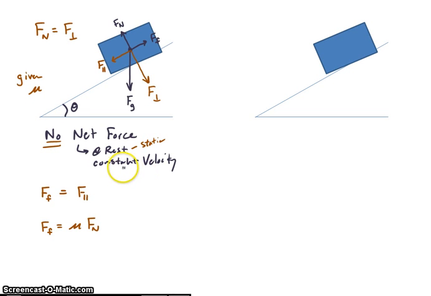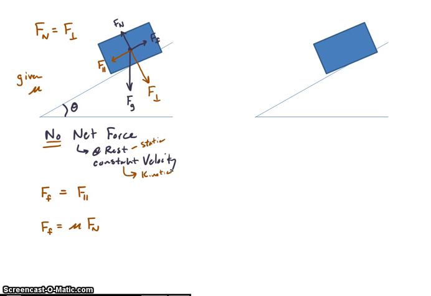When we're at a constant velocity or we're sliding, this is when we're going to use our kinetic friction. Okay, so we have our two situations. That's really what it boils down to when we're looking at a block at rest, no net force, or a block sliding with constant velocity.